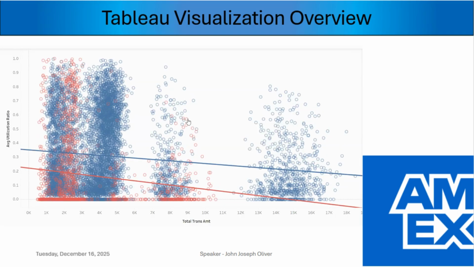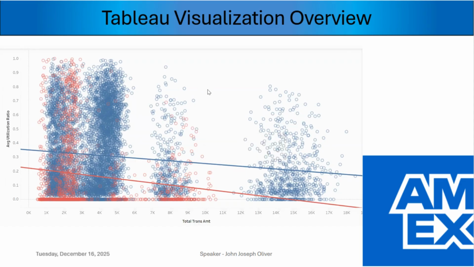The next visual is a scatter plot showing the relationship between utilization ratio and transaction amount. On the y-axis, you have average utilization ratio, and on the x-axis, you have total transaction amount. Each red dot represents an attrited customer, while each blue dot represents an existing customer.